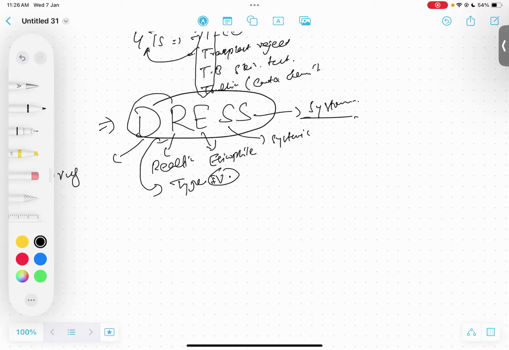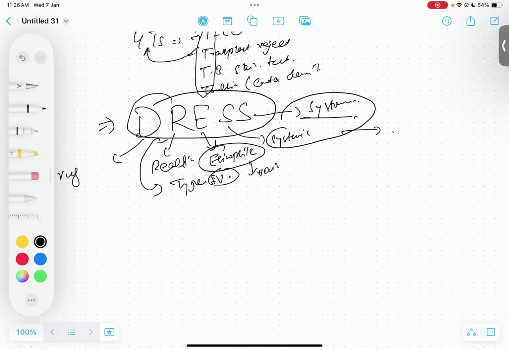There is no specific organ, so it can involve any internal organ, and as its name implies, eosinophils will be raised, and systemic symptoms are usually present with that.